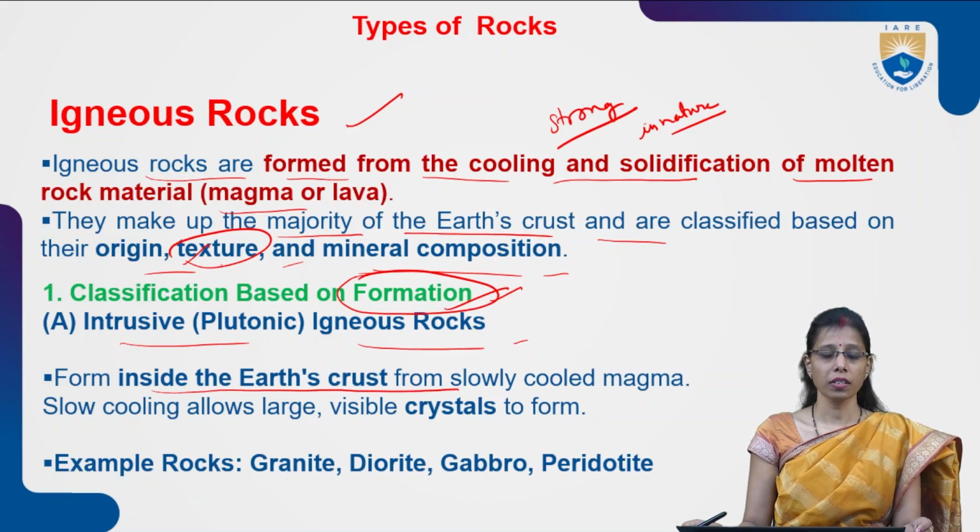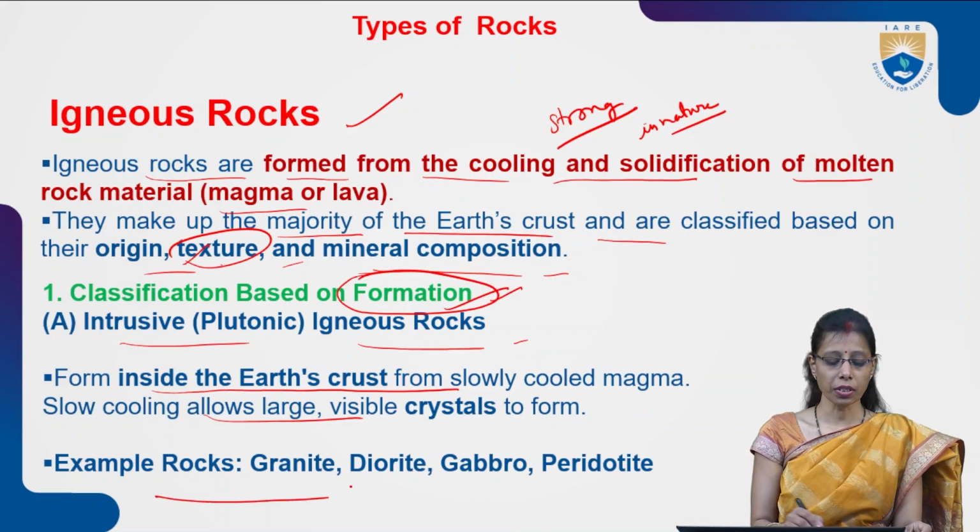Slow cooling allows large visible crystals to form. So the slow cooling rate allows large crystals inside the earth, and they slowly cool down and form an igneous rock.